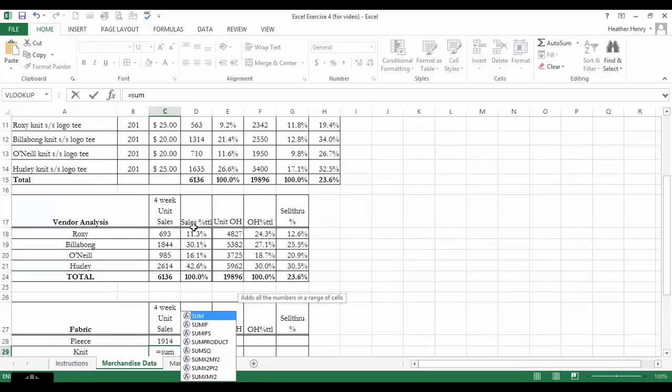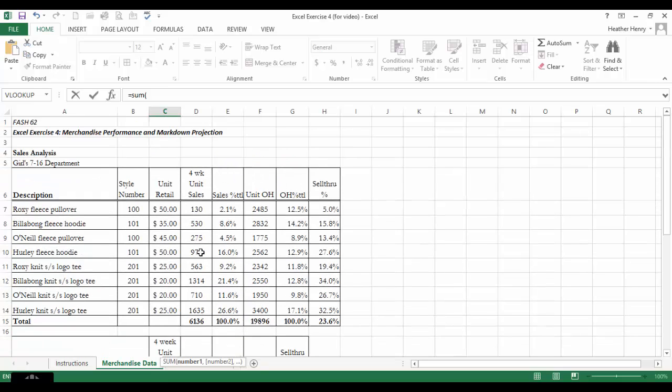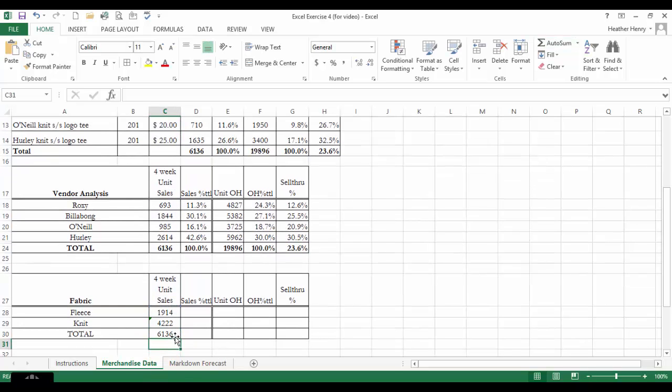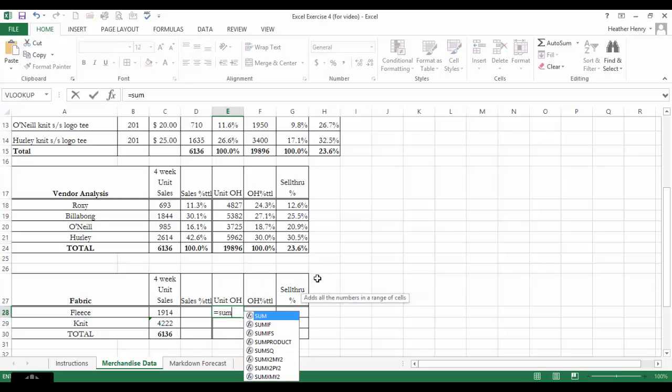And I will now take all of the unit cells for our knit styles. Once again, our total should add up 6,136 units. Let's go ahead and do the same thing for our on-hand information now.